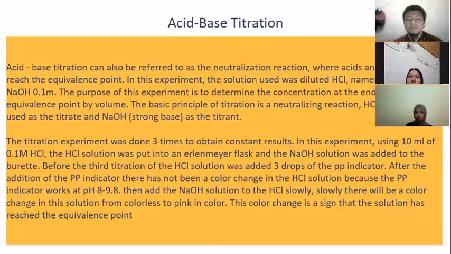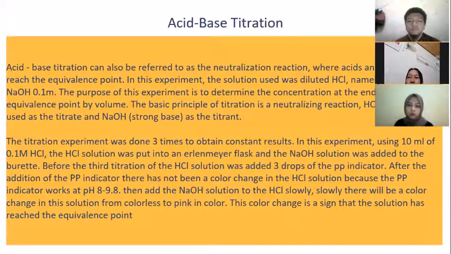The basic principle of titration is the neutralizing reaction of hydrogen chloride as a strong acid used as the titrate and natrium hydroxide as the strong base used as the titrant. The titration experiment was done 3 times to obtain constant results.